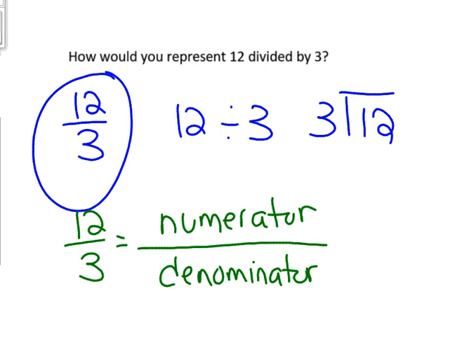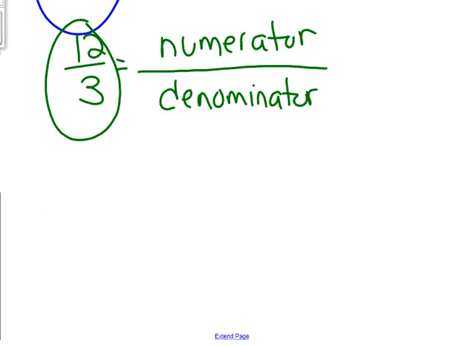Now pay close attention to that because you'll see that throughout the entire paper. But now the next example is, okay, well, how do you actually solve this problem? How do you solve 12 divided by 3? Now, let's go to the next page.